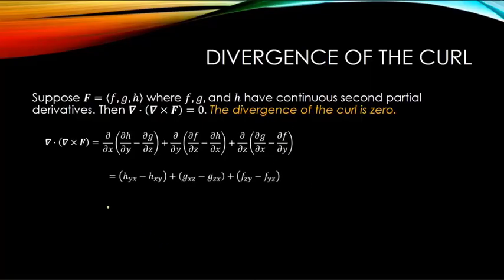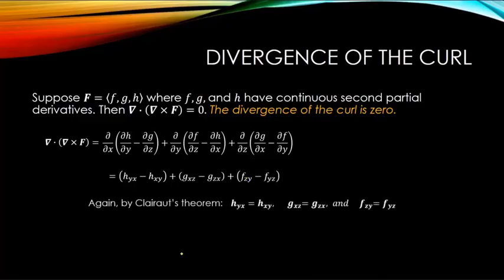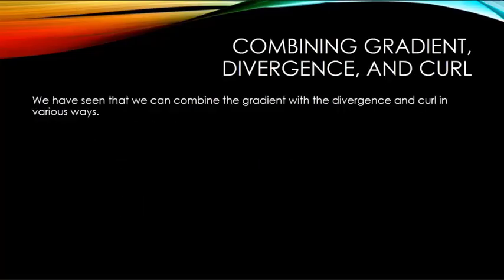This becomes the quantity h sub yx minus h sub xy plus the quantity g sub xz minus g sub zx plus the quantity f sub zy minus f sub yz. But again, Clairaut's theorem tells us that the order of partial differentiation does not matter, so that the divergence of my curl is in fact 0.